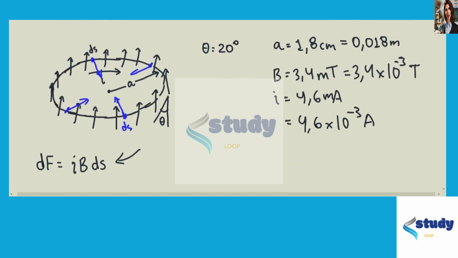If we plug all of these values into the calculator, we obtain a value of 6 times 10 to the minus 7 newtons. And this is the force exerted by the magnetic field on the ring. Thank you.